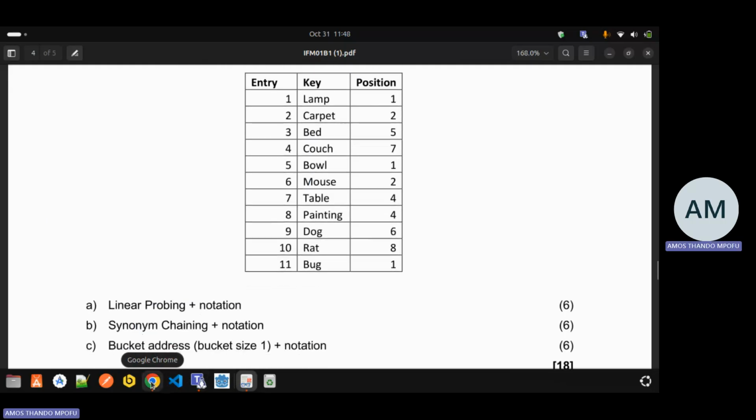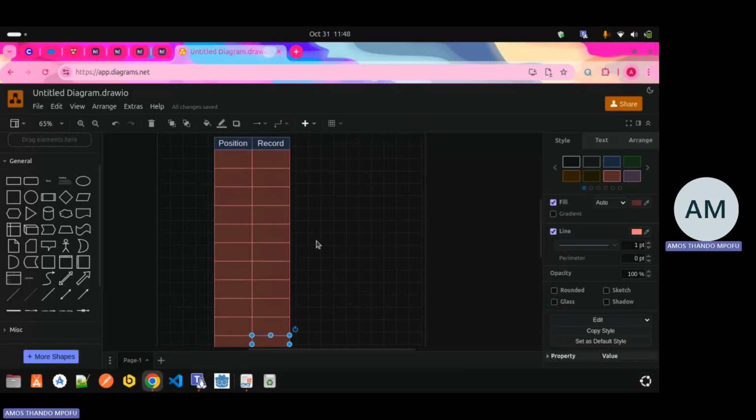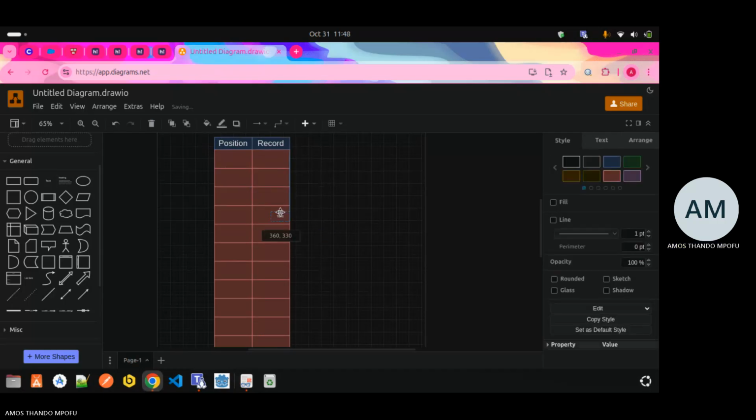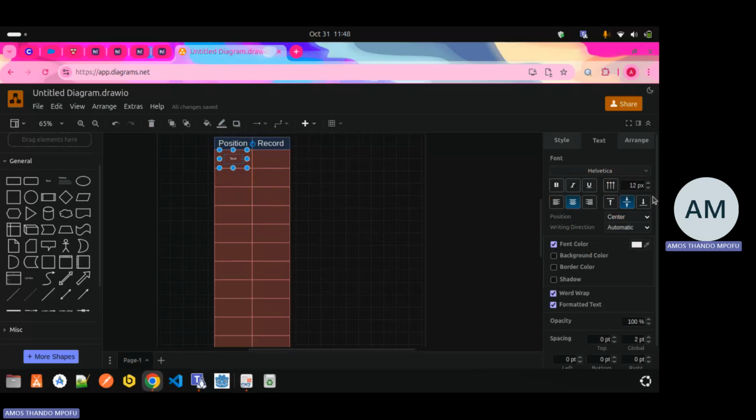So let's go back here. So there's our records, and then now I need to put in, okay, no, this is not gonna work. So I need to increase the font here. It's quite a lot of work.